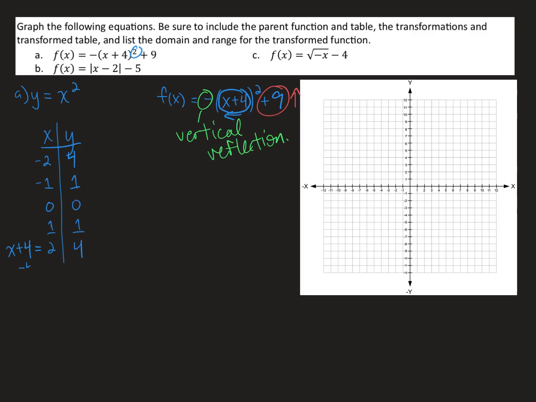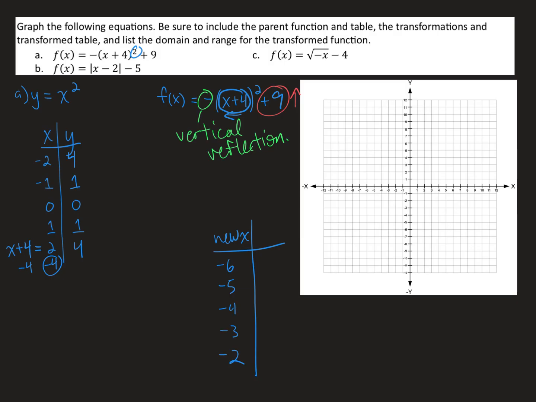And from there, once you figure out how to solve one equation by subtracting 4, we will just subtract 4 from all of those x values. So right here, I'll do the new x's. And if we subtract 4 from everything, it'll be -6, -5, -4, -3, -2.